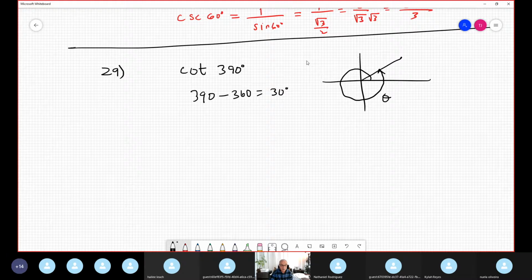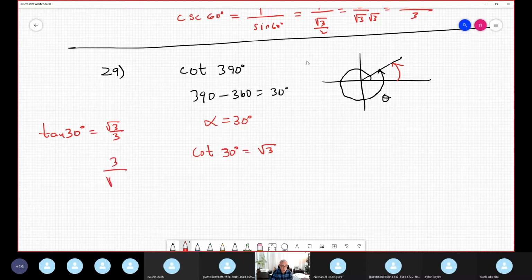And alpha is this guy. Alpha is 30 degrees. So cotangent 30 degrees is radical 3 because of the reciprocal. I know that tangent 30 degrees, for a student who can memorize, is radical 3 over 3. Reciprocal, this is 3 over radical 3. Radical 3 times radical 3, rationalize, is 3 radical 3 over 3. And the 3 is cancelled and stays only radical 3.